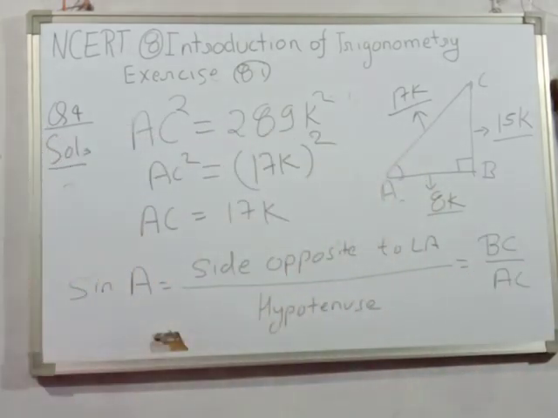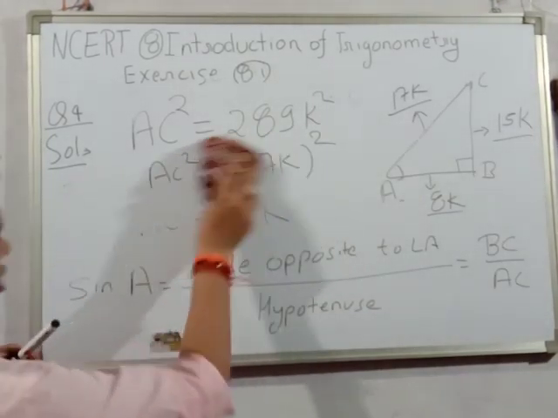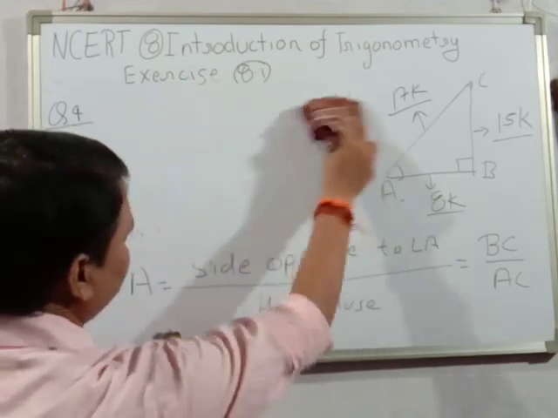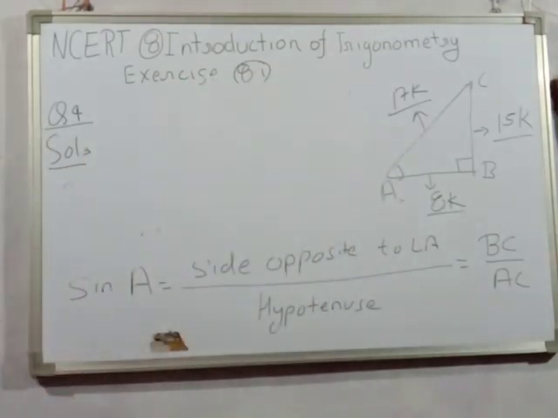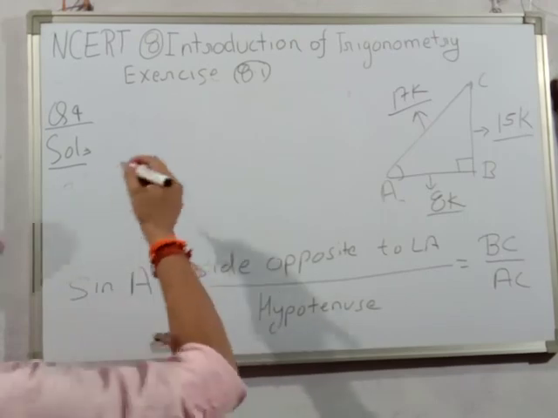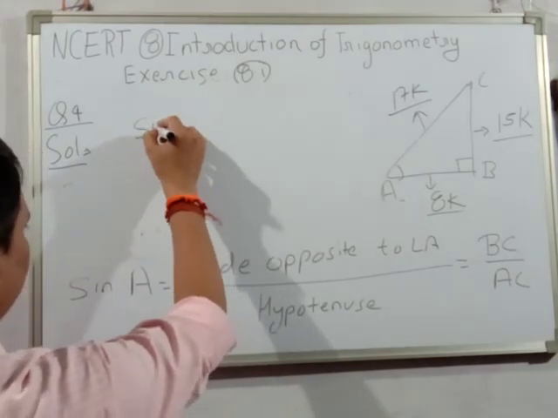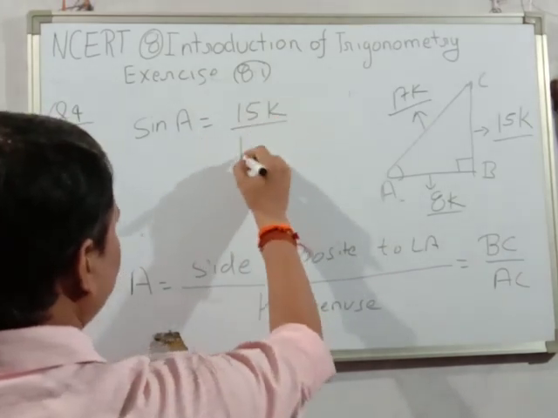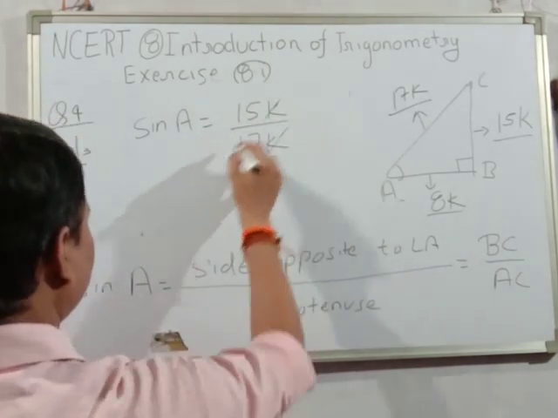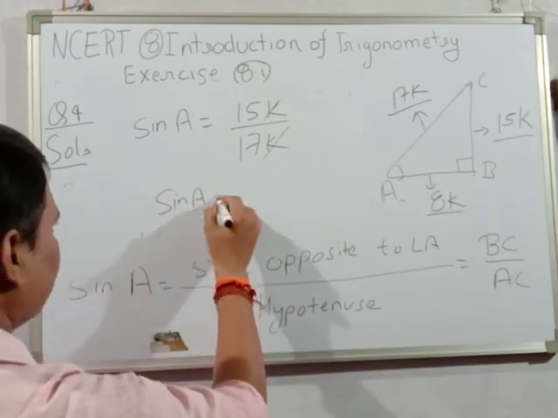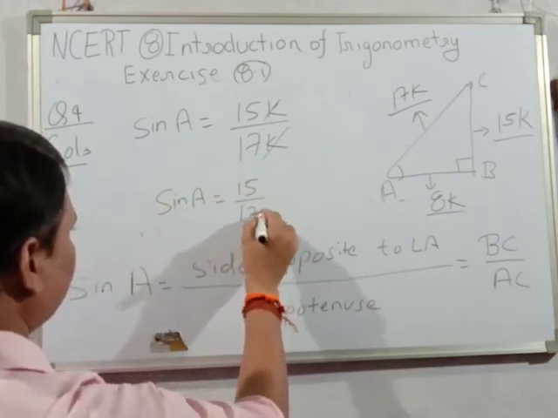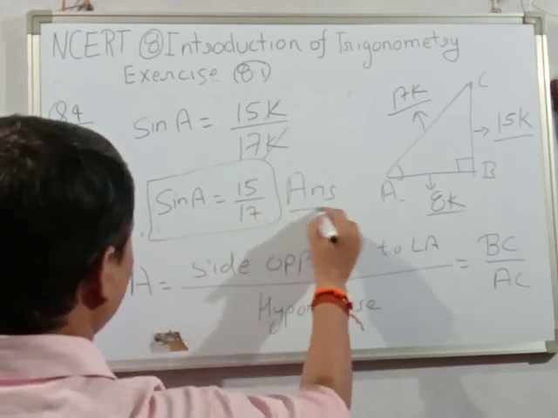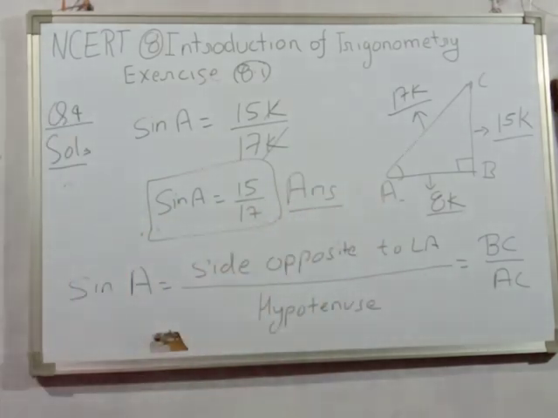BC upon AC means 15k by 17k. k cancels. Sin A is equal to 15 upon 17.